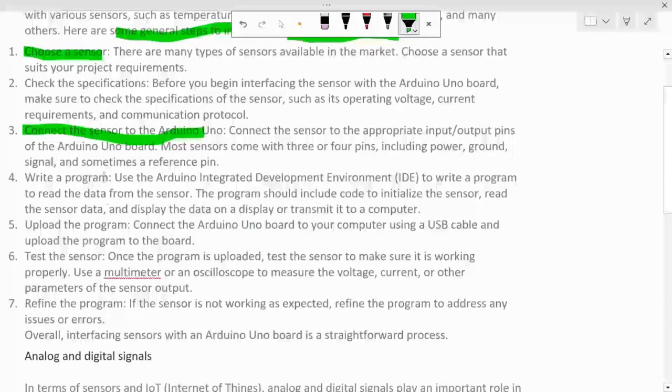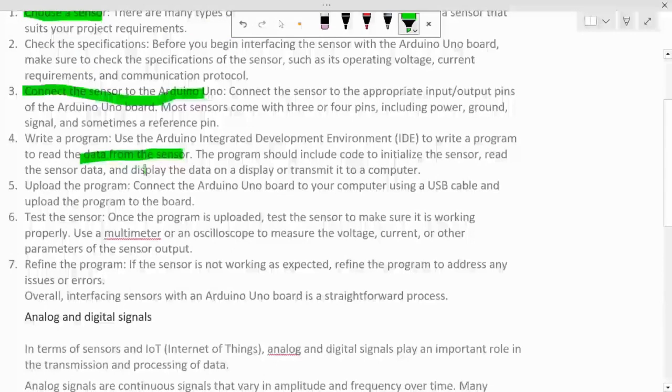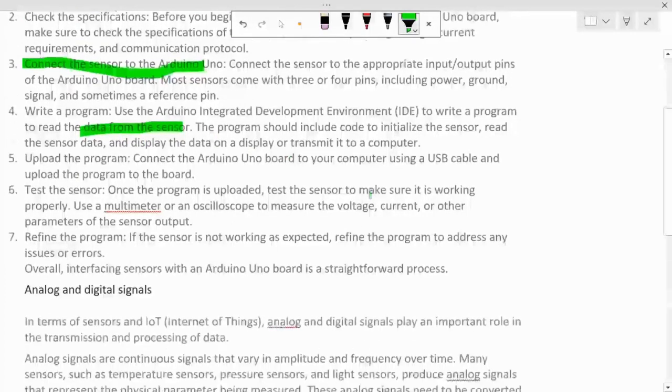Fourth thing is write a program. Use the Arduino integrated development environment, that is IDE, to write a program to read data from the sensor. The program should include code to initialize the sensor, read the sensor data, display the data on a display, or transmit it to a computer.